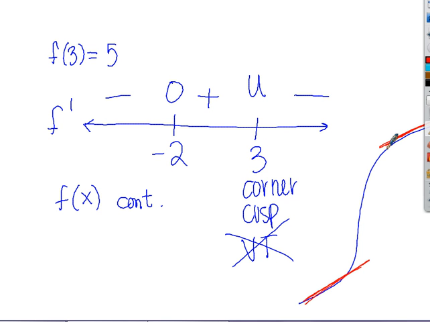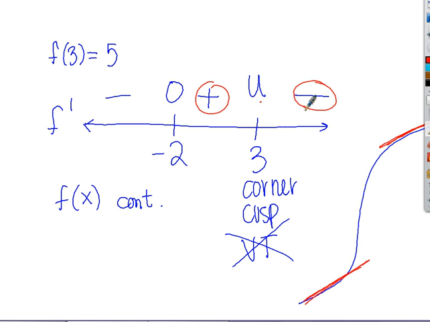Can you ever have a vertical tangent change signs on your sign chart? No, we can't. So knowing those things, this is the same question that I just asked. I just asked it differently. All the information is exactly the same. It's a continuous point with an undefined derivative, but my sign chart goes plus to minus. So these are the two that it could be, it can't be a vertical tangent.